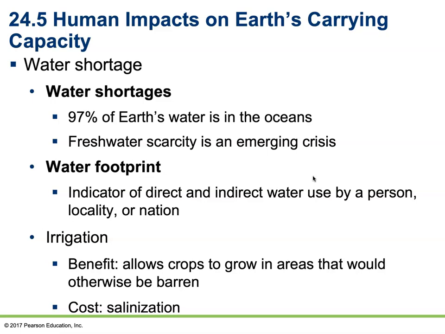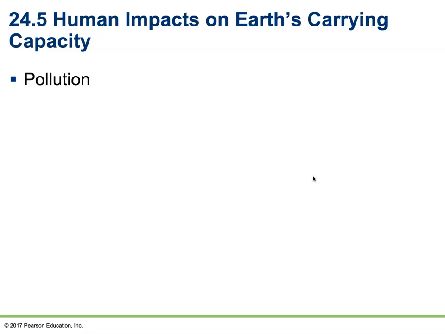And so our soil is becoming more and more salinated. There are steps that can be done to reduce water shortages, things like reducing water use or increasing the price of water could help decrease water usage. So those are just options.